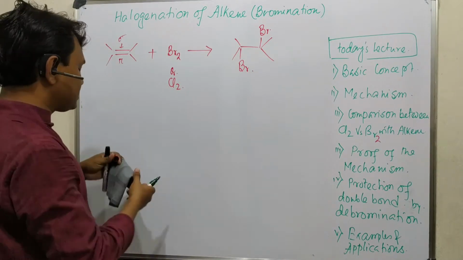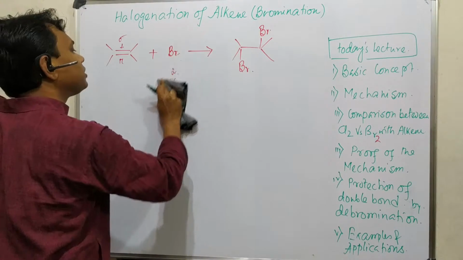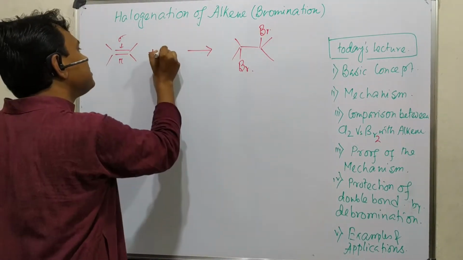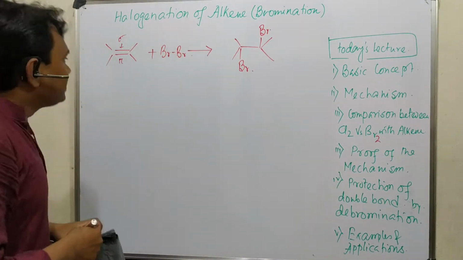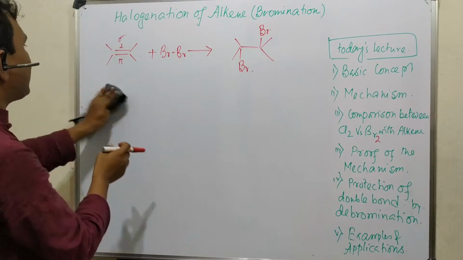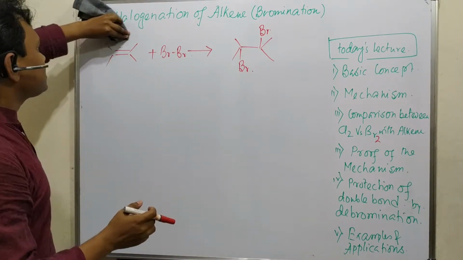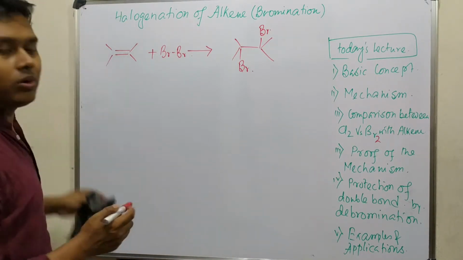If we consider this halogen, instead of Br2 we can present this as Br. And we know that such halogen molecules can act as a Lewis acid also, because of energetically accessible vacant orbitals.